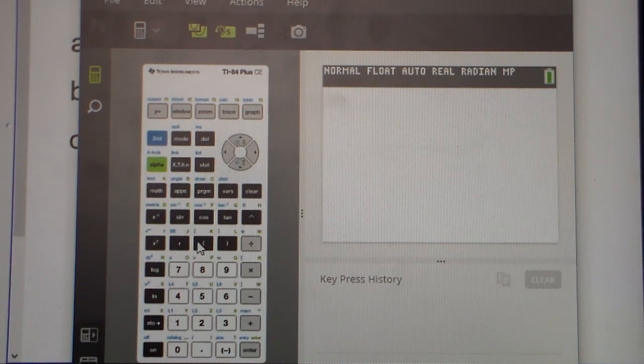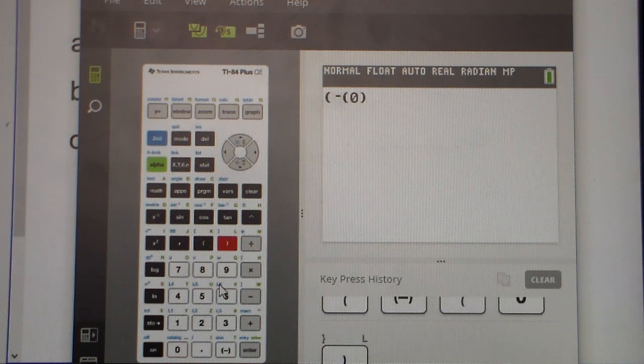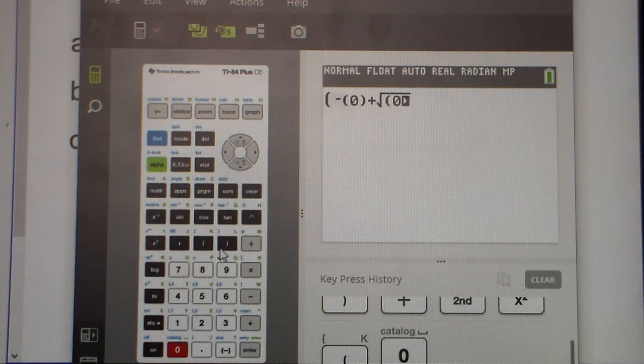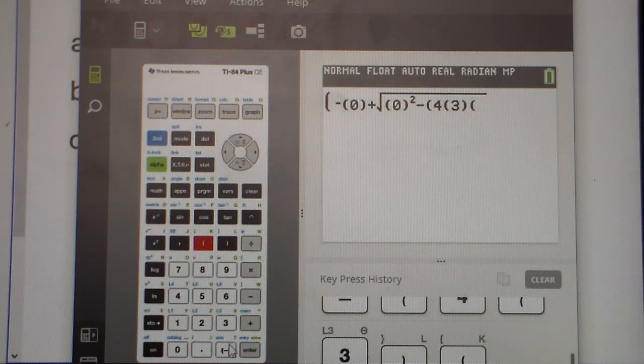So we have open parentheses, negative 0 plus the square root, parentheses 0 squared, minus parentheses 4 times 3 times negative 14.